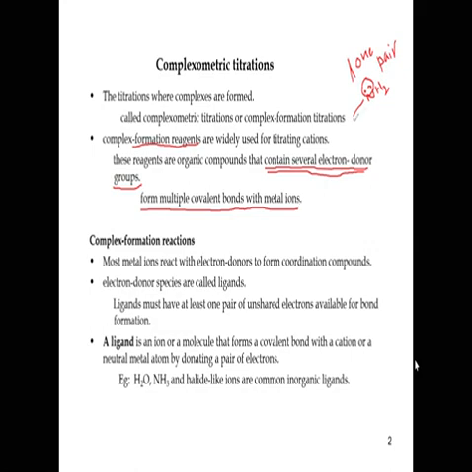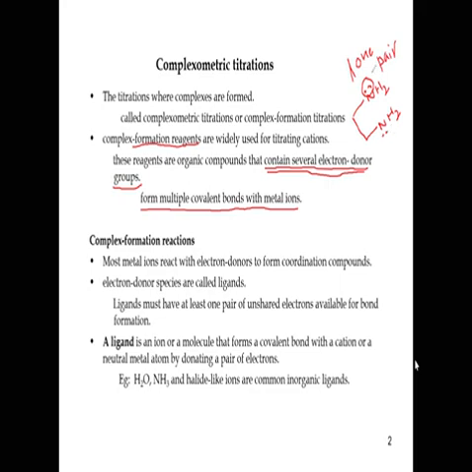If you think about something like this, look at here. What is this? Ethylene diamine, right? And here on this nitrogen also there is a lone pair of electrons, right?